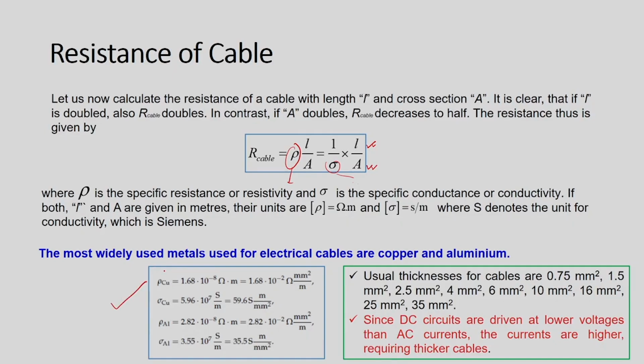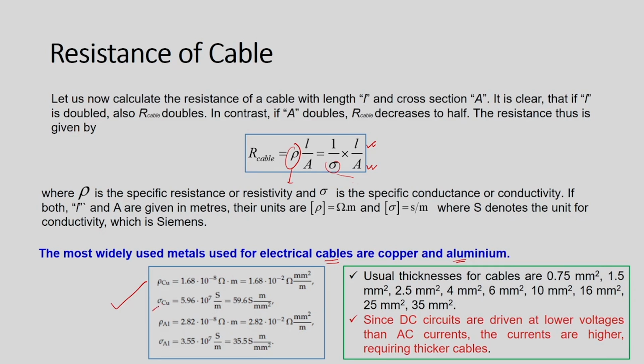This block shows the values of rho for copper and aluminum, because mostly copper and aluminum cables are used in applications. What will be the resistivity of copper? We can say 1.68 into 10 to the power of minus 8 ohm meter.